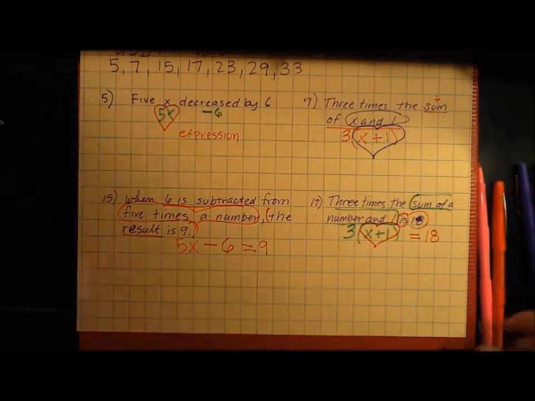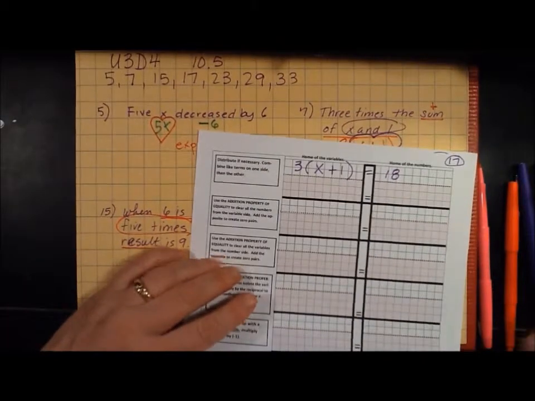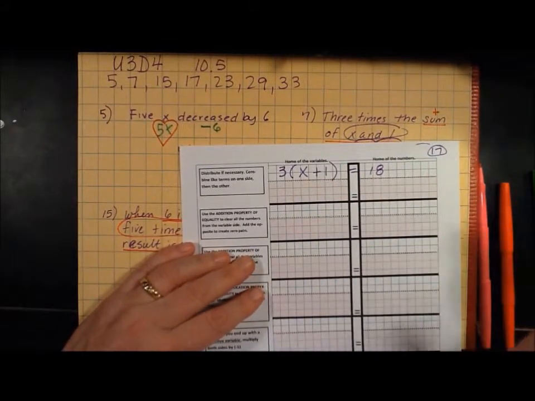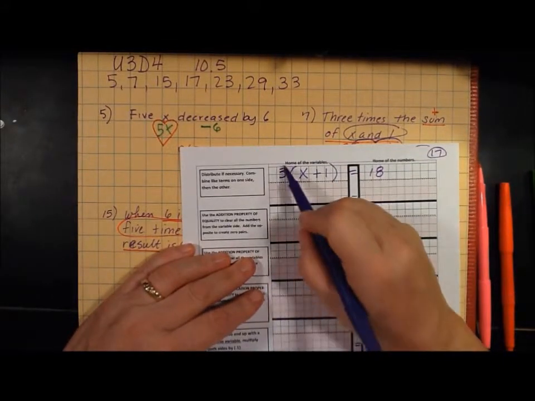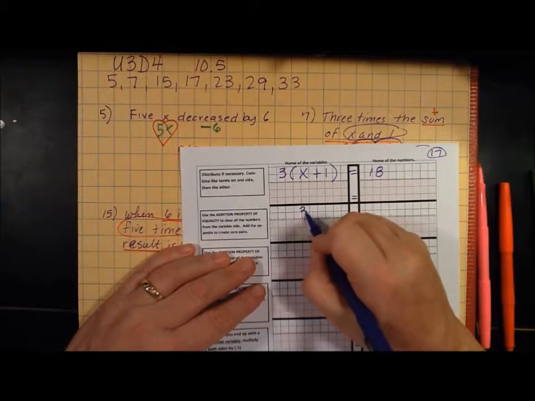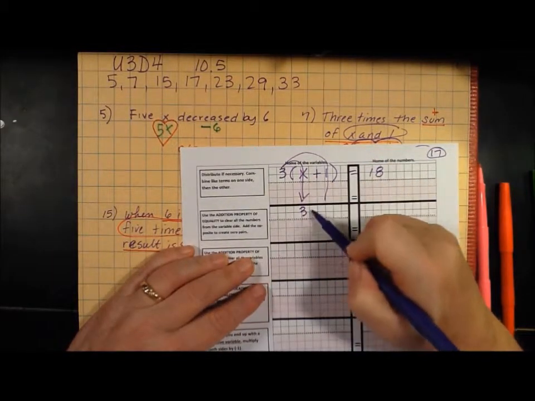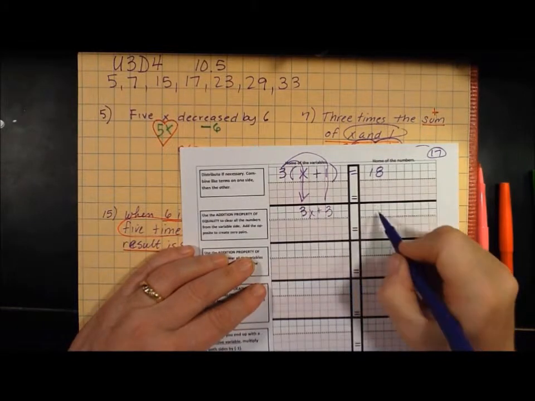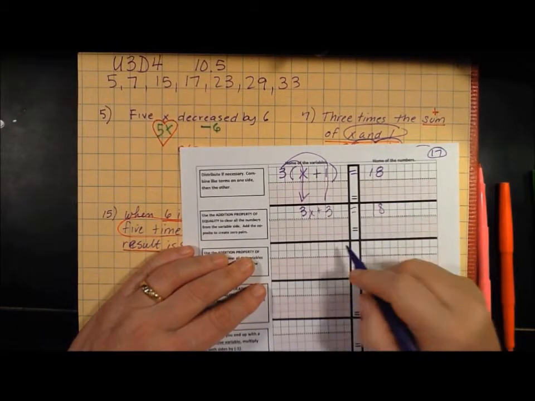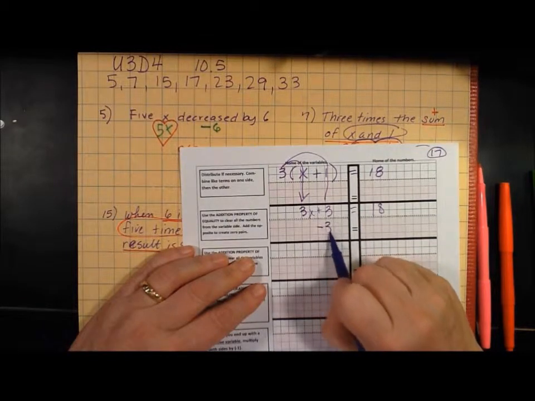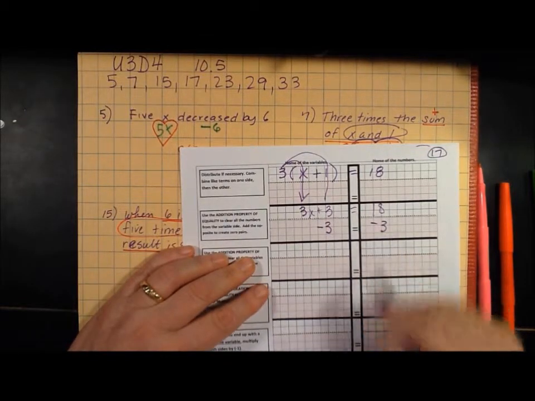Let's see what that looks like if we work it out. First rule, variable numbers. Good. Then I'm going to distribute. 3 times x is 3x. 3 times positive 1 is 3, and the 18 just comes down. This doesn't belong, so I'm going to take it away. Add the opposite, add the opposite.